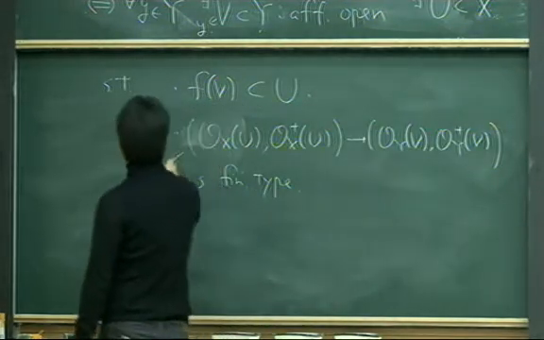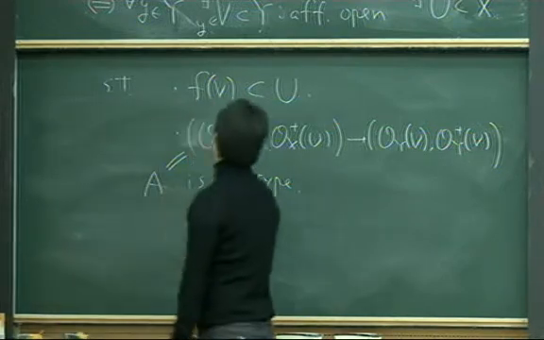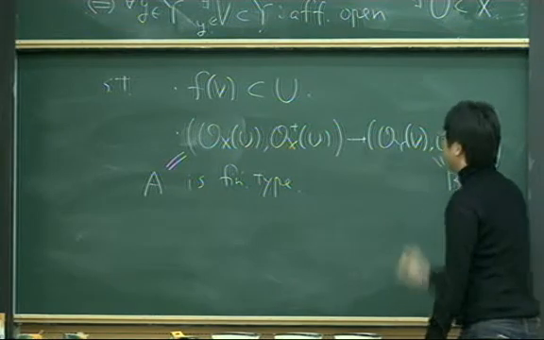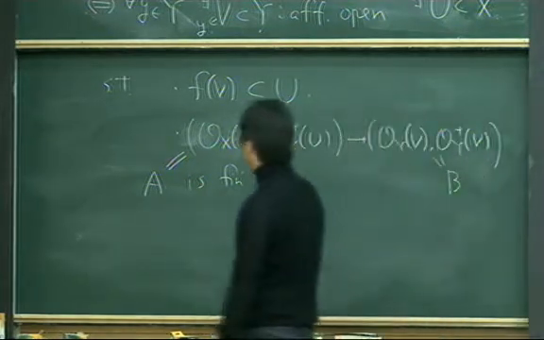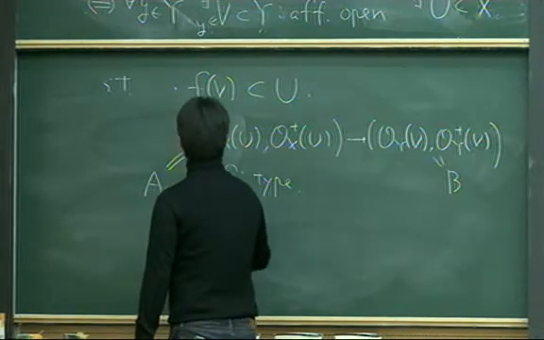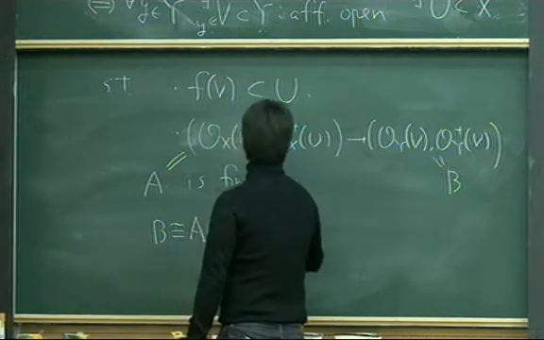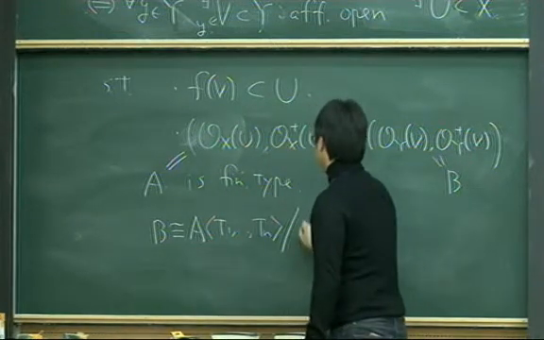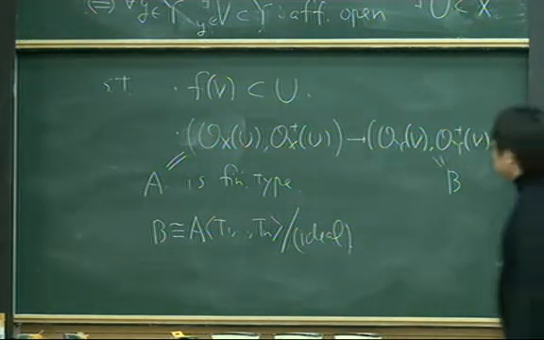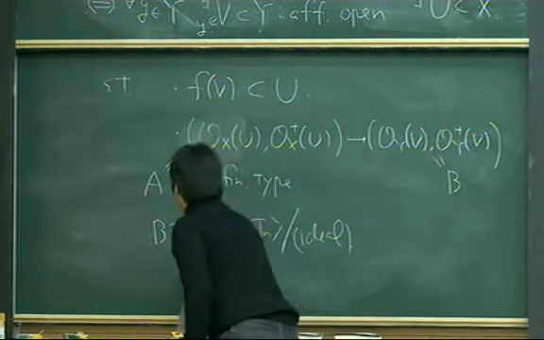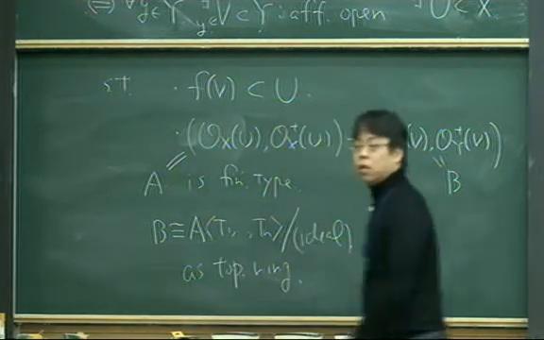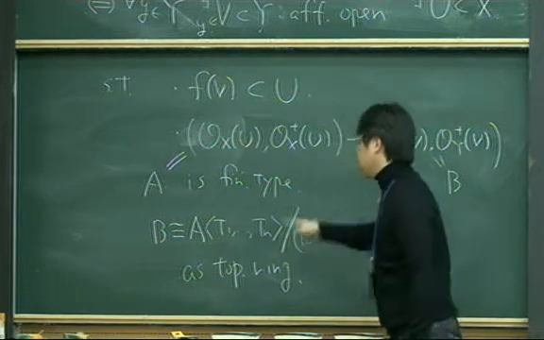If we write A for this and B for this, then finite type means that B is isomorphic to A⟨T1,...,Tn⟩ quotient by some ideal, as topological rings.